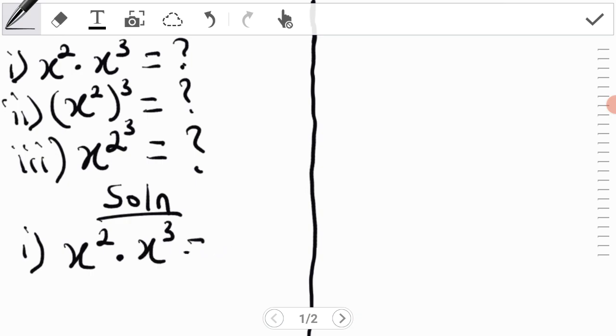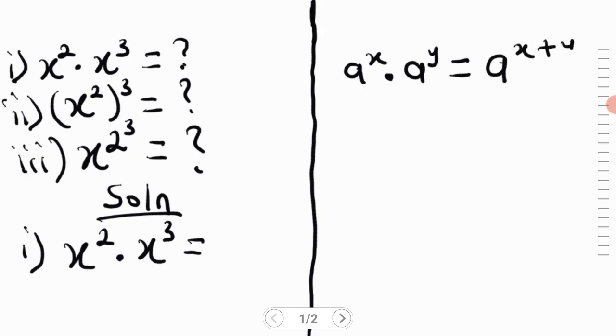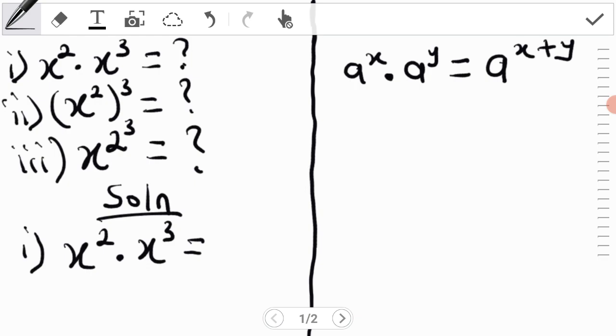Now, when we go back to indices, we have a rule that says that a raised to the power x, multiplying another a raised to the power y, will give us a raised to the power x plus y, right?